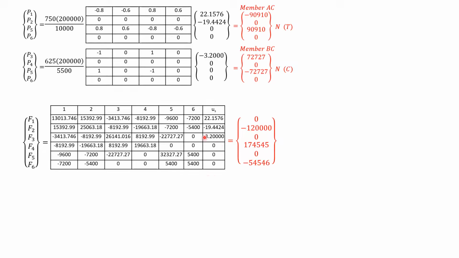So just the first two. It will give us negative 54,546. So you can check, you add all this negative 1,200. This is the vertical component at B. This is the vertical component at C. So it should be more or less 0.